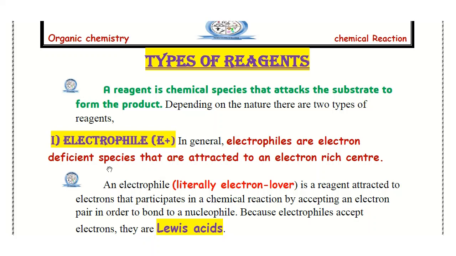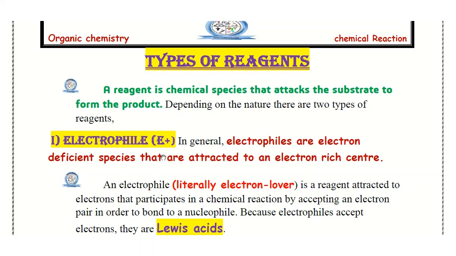That's why they attract electron-rich species, meaning they need chemical species which have an extra pair of electrons in order to complete their octet. So electrophiles are known as electron loving. Electro is for electron and phile is for loving. As they are electron loving, they require electrons to complete their octet.